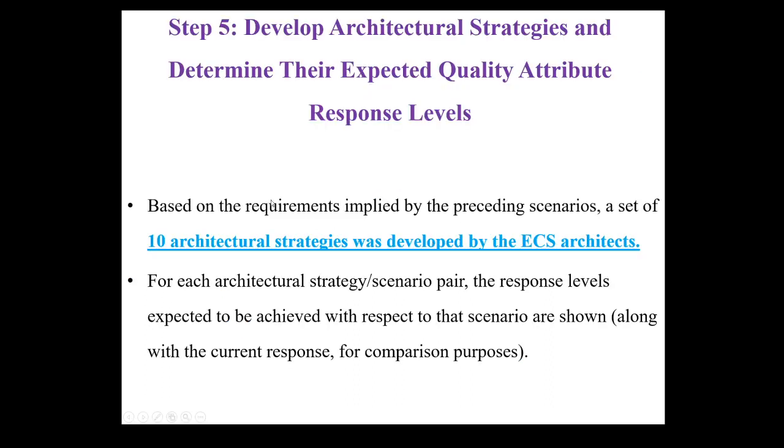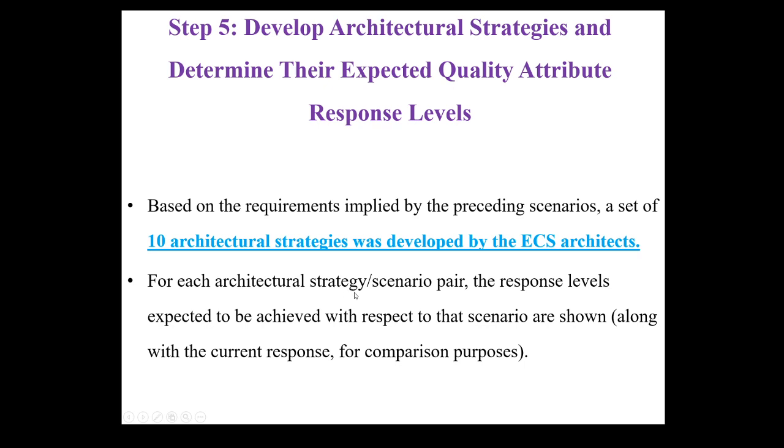Next, develop the architectural strategies and determine the expected quality attribute response levels. Based on the requirements implied by the preceding scenarios, a set of 10 architectural strategies was developed by the ECS architects.